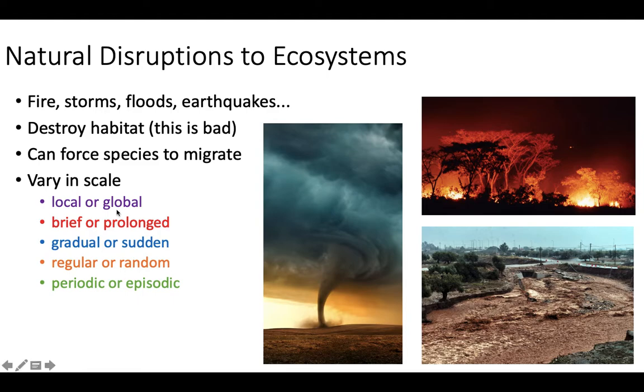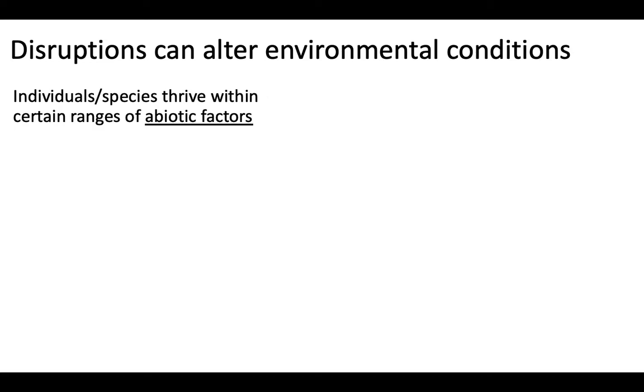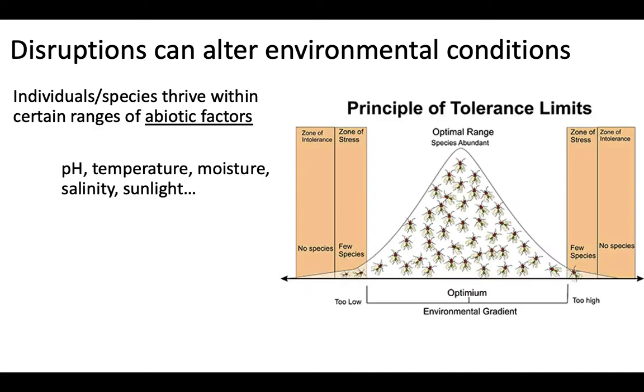Keep in mind that when a natural disruption occurs in an ecosystem, it's going to change the abiotic factors that help dictate biodiversity. It's going to change the environmental conditions of that space. Each individual species that lives in an area is going to thrive within certain ranges of abiotic factors, and that could be things like pH, temperature, sunlight, etc. There's a certain range in which species prefer to live.